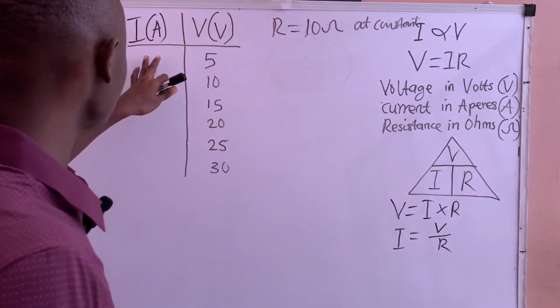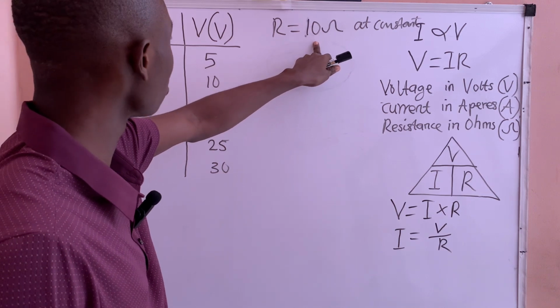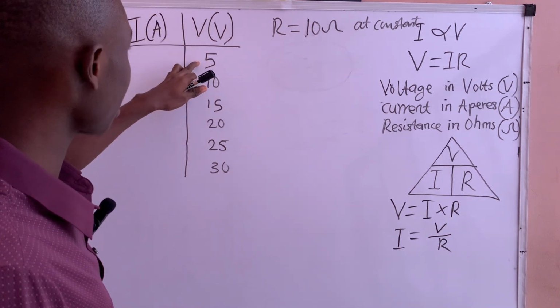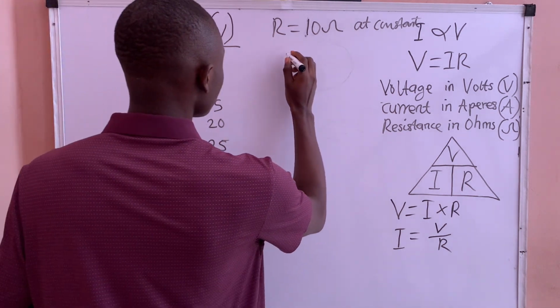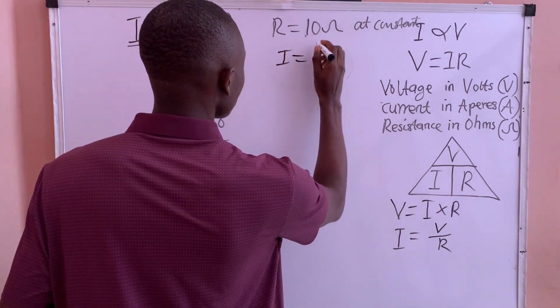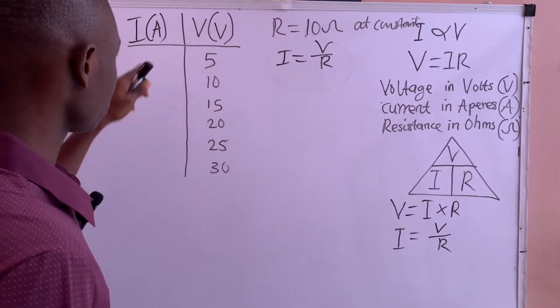So how will current behave here? When we make R constant, which is 10 ohms, and we increase voltage by 5. For us to look for current, we will use this formula, which is I equals V over what? R, to find what? Current.